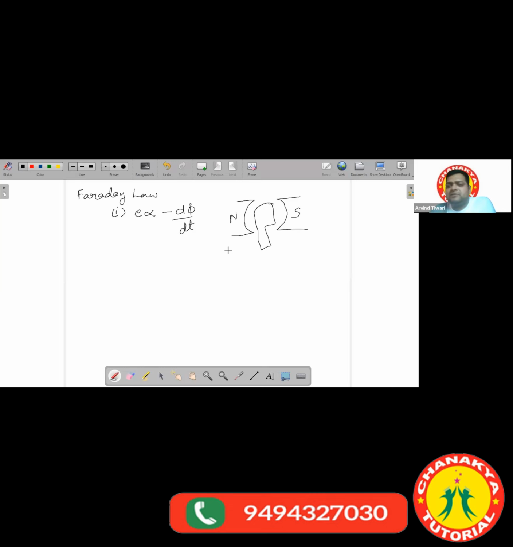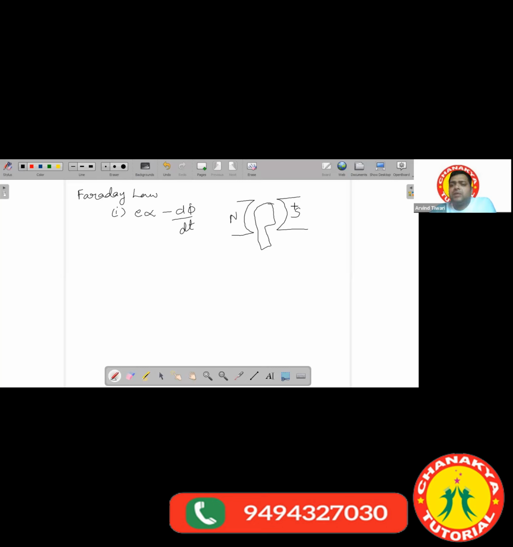When we rotate the coil, the magnetic flux linked with the coil changes continuously, and hence we find an induced EMF in this coil. The faster you rotate, the faster the change of flux, and hence a greater amount of electric current will be generated. So there are two ways.